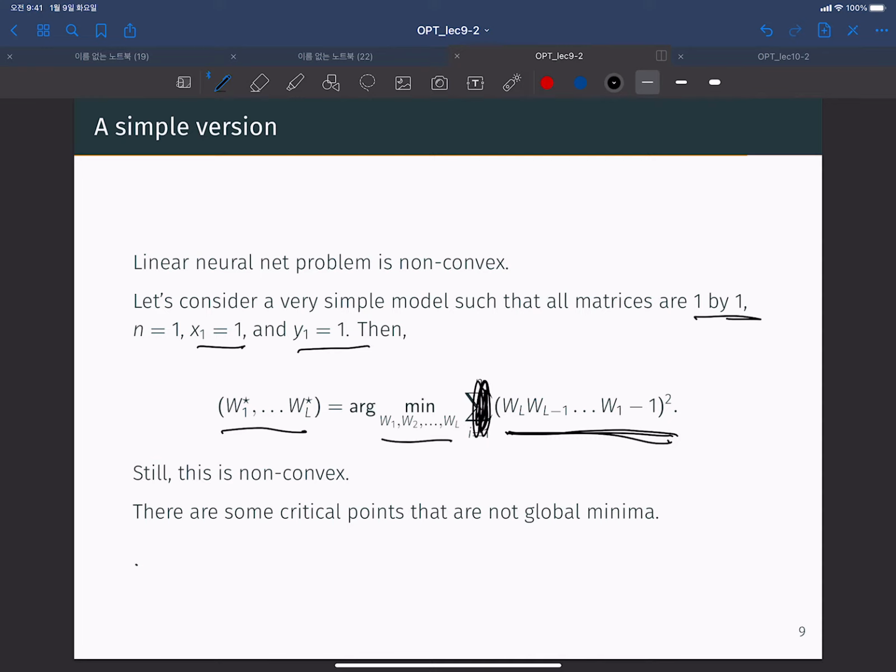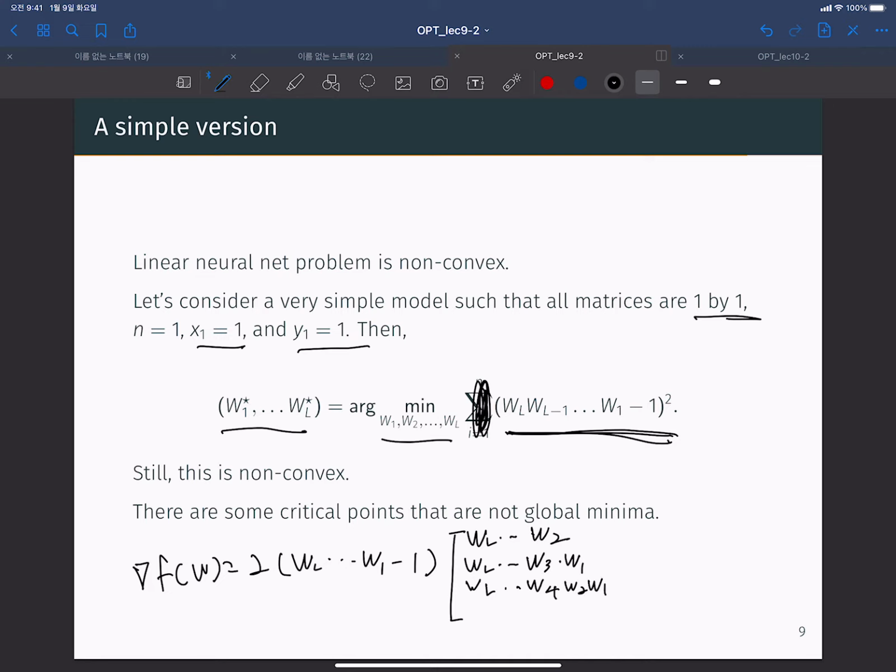When you compute the gradient of f(w), it is 2 times the product of WL down to W1 minus 1, times the vector with entries WL up to W2, WL up to W3 times W1, WL up to W4 times W2 W1, and so on. So in the end, we have WL minus 1 to W1. Okay.